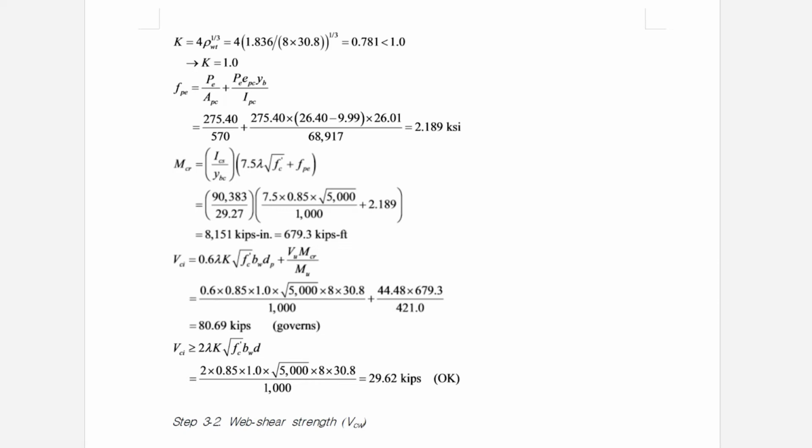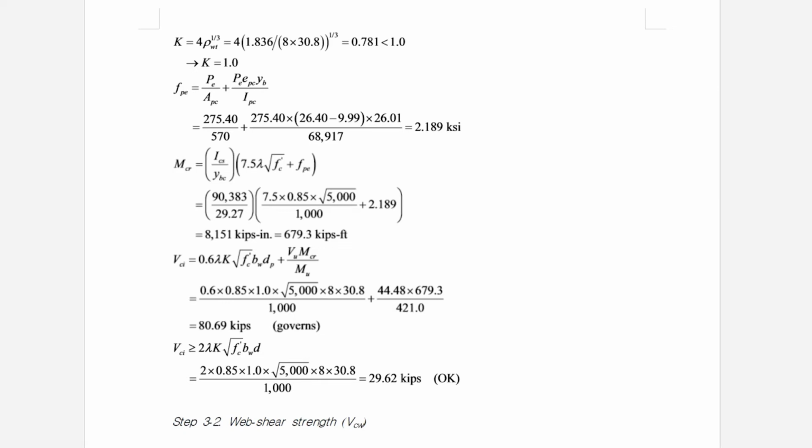K factor is calculated. Here we don't have mild steel reinforcement, so calculation is a bit simple. So DP is exactly the same as D in this example. Anyway, it's smaller than 1, so I take 1.